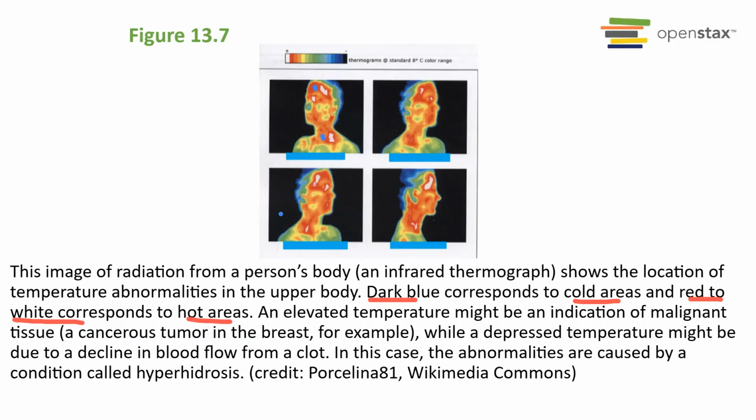They could have a blood clot there, so that could be pretty dangerous. And so these abnormalities can be determined just by taking thermal imaging of somebody, which is a little safer than taking an MRI. But it has to be a big difference in temperature. So you'd have to have a big tumor, or you'd have to have a big blood clot.